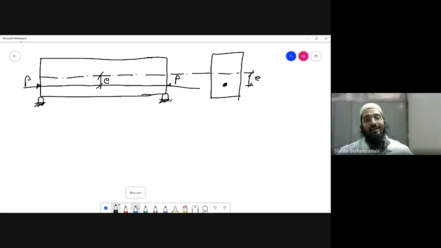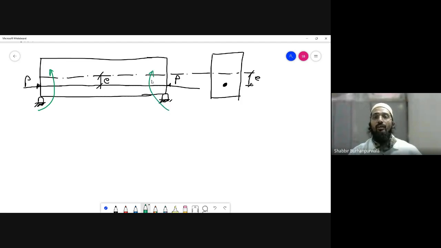Because now the pre-stressing force is not acting at the center. As the pre-stressing force is eccentric, it is going to create a moment. Now try to understand the rotational direction happening over here. Because of this pre-stressing load, it is trying to rotate the cross section in this direction.